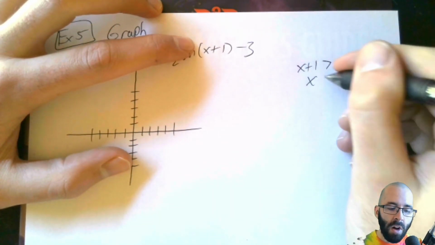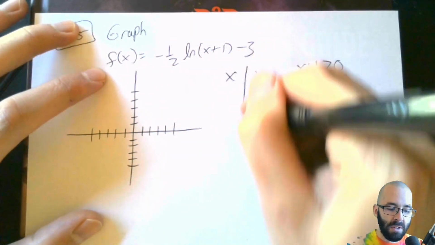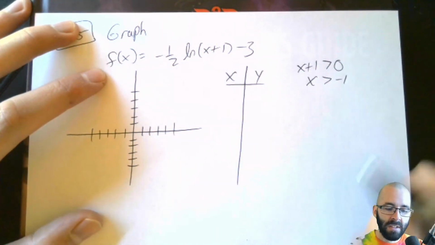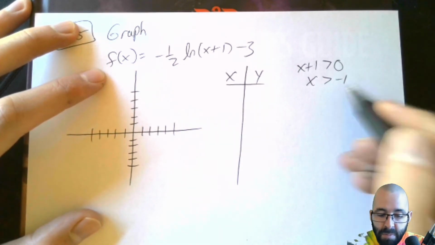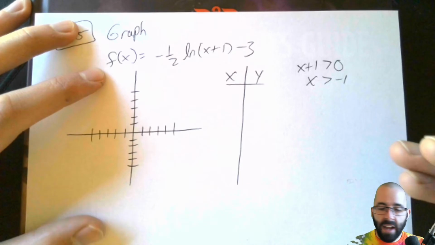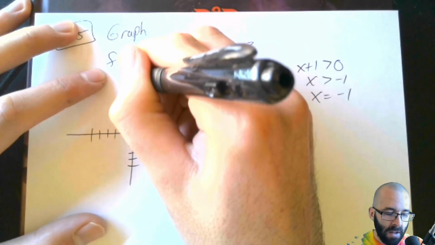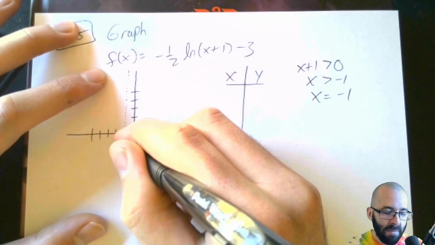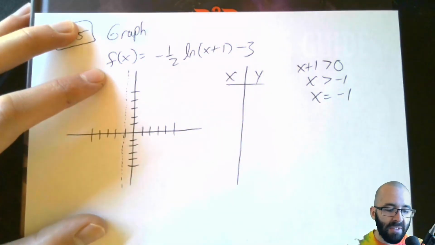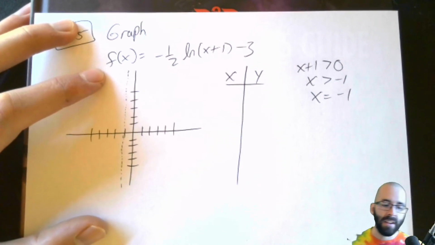The domain is going to be all the numbers bigger than negative 1. So as we start plugging in values, we're not going to plug in negative 1 or anything smaller than that, only things bigger than negative 1. And specifically, that tells us our asymptote is at negative 1. One of the best ways to start graphing a logarithm is by graphing its asymptote. That's going to help a lot.